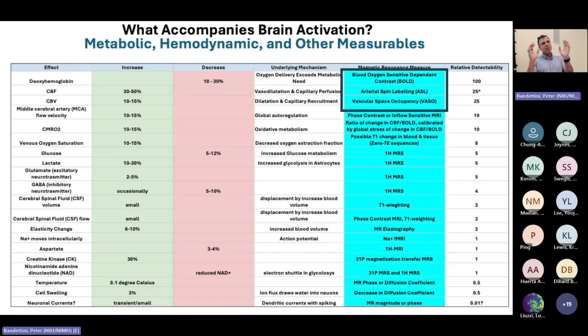So the idea here is that during activation, neurons swell, then there's more intracellular water, and around the membranes of the neurons on the inside, the diffusion coefficient is a little bit less. So you have a larger fraction of spins with lower diffusion coefficients. That basically causes a decrease in diffusion coefficient, or an increase in the signal if you're diffusion weighting.